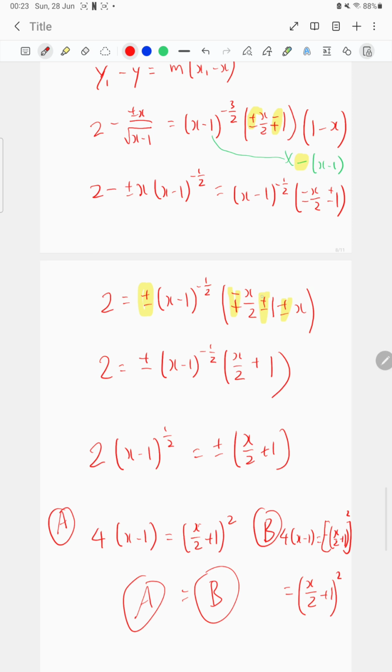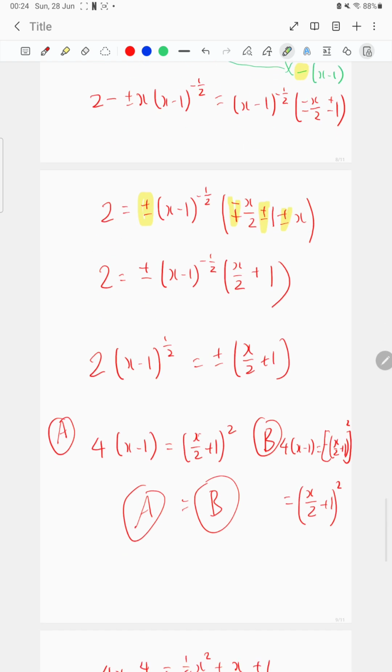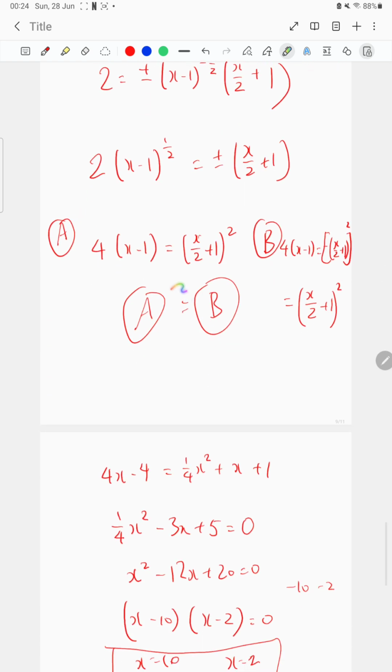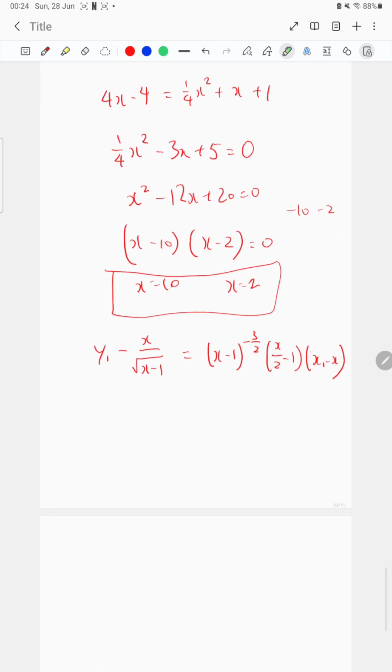I just treated the top part here. This is because we already established that the two cases are equal, A and B, so I only need to treat one part. You can treat the top part or the bottom part, but you can't mix them up, because if you mix them up, the answer is going to be wrong. So, okay, let's continue solving it.